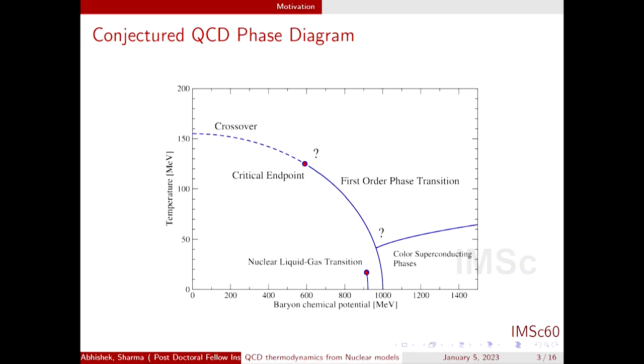These models are written keeping some particular region of the phase diagram in mind. For example, one such model is the hadron resonance gas model, which works well at small baryon densities near the temperature axis. On the other hand, we have some nuclear mean field models which work well at high baryon densities and low temperatures.